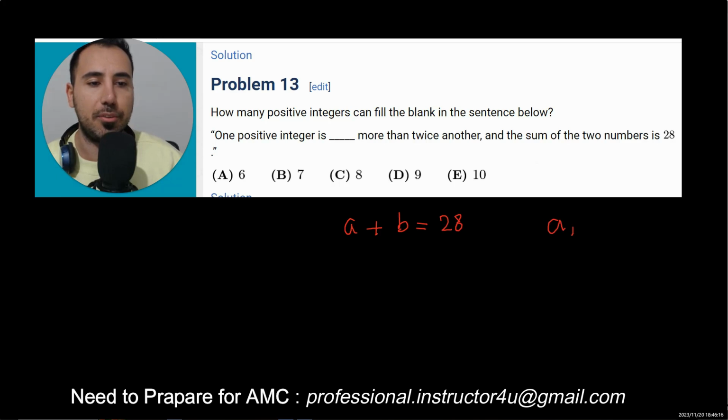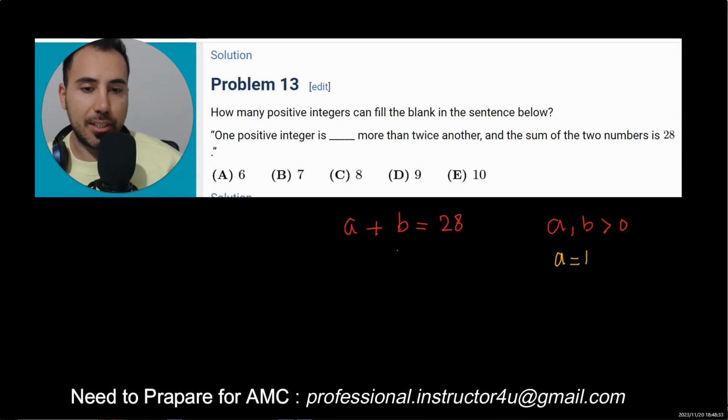So how do you do this? I think the best way for this one is trial and error. Just try out different numbers. What is the smallest positive number that you could use? Well, A would be 1.